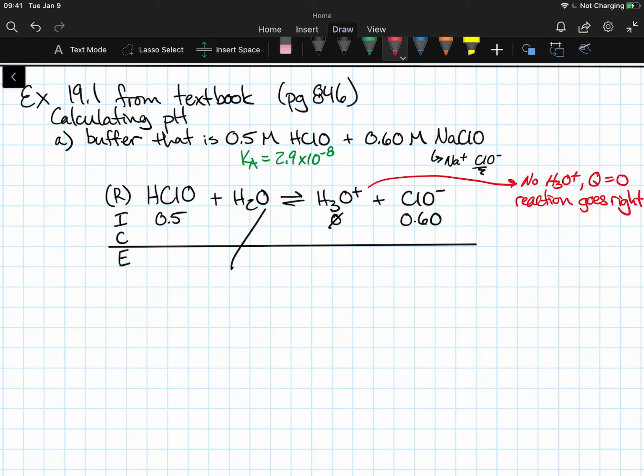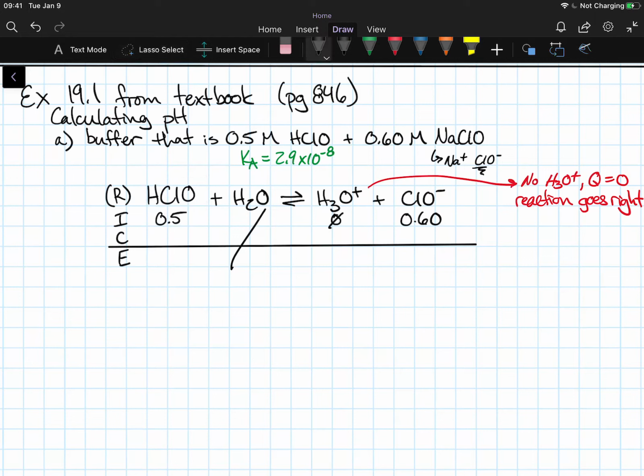So it's still going to try, the HClO is still going to try and dissociate a little bit and produce some of the H3O plus, even though there's some of that ClO minus there. Now, an important point here is that because there was already some of the ClO minus, some of the common ion already present, it is going to suppress ionization of the acid.